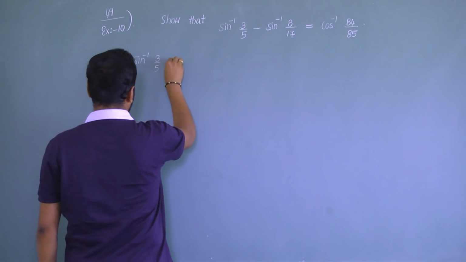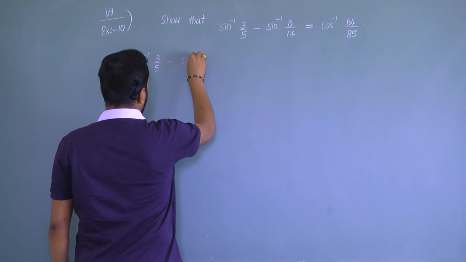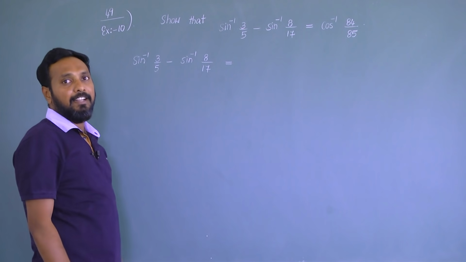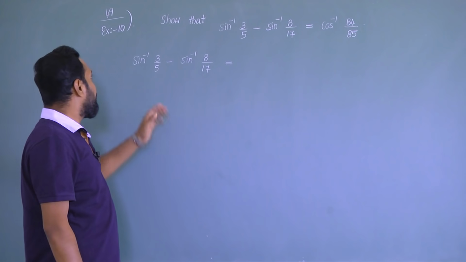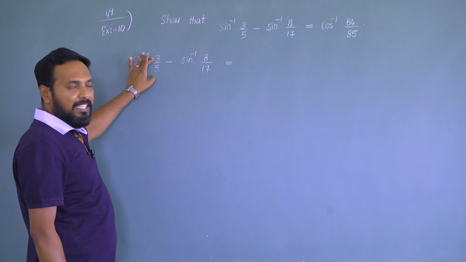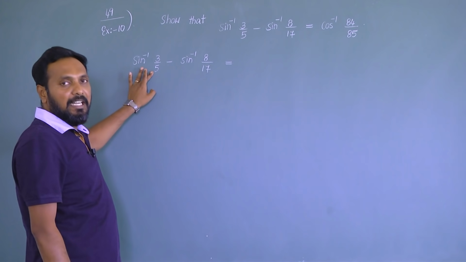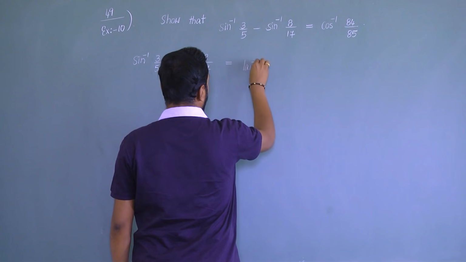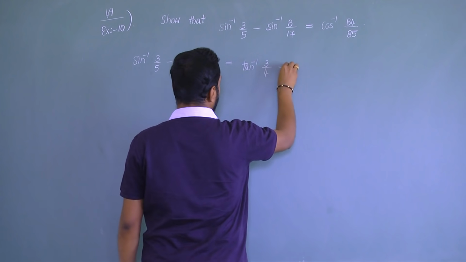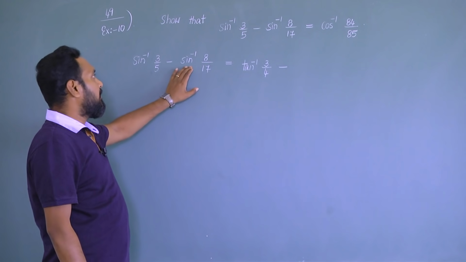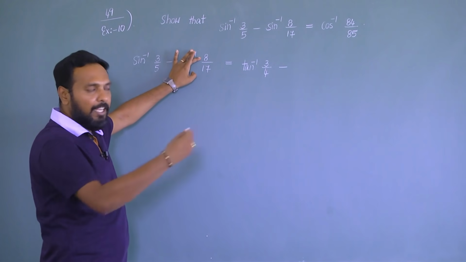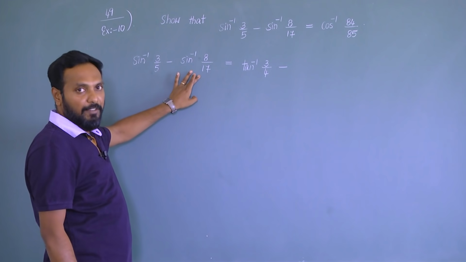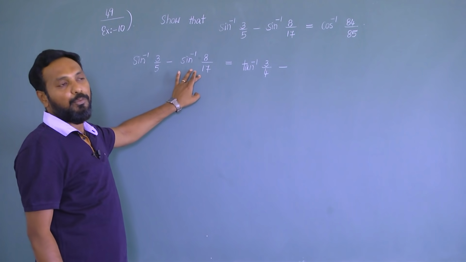Sin inverse 3 by 5 minus sin inverse 8 by 17. How can I write it in terms of tan inverse directly? Sin function, opposite side 3, hypotenuse 5, adjacent side 4. So I can write this as tan inverse 3 by 4 minus, the same sin function in a right angle triangle: opposite side 8, hypotenuse 17, adjacent side becomes 15.